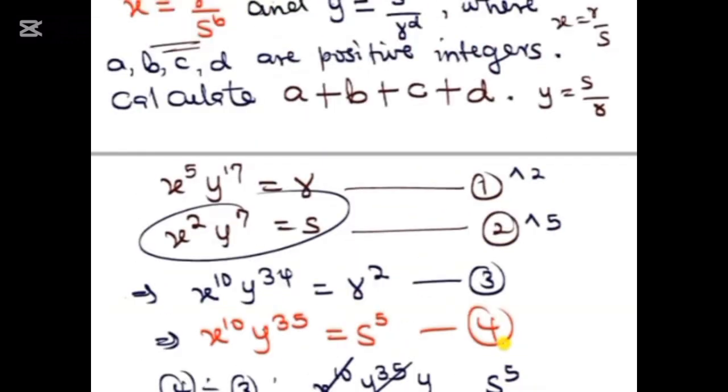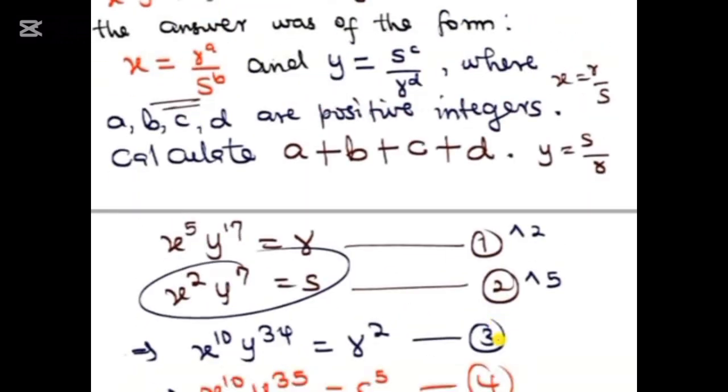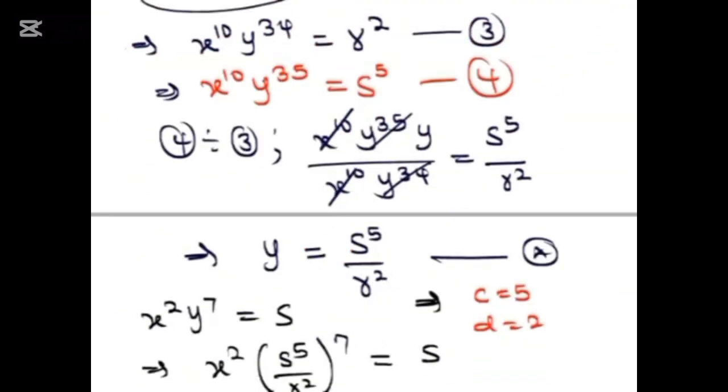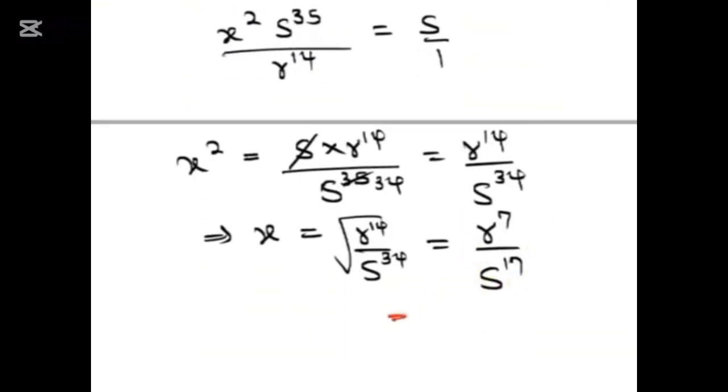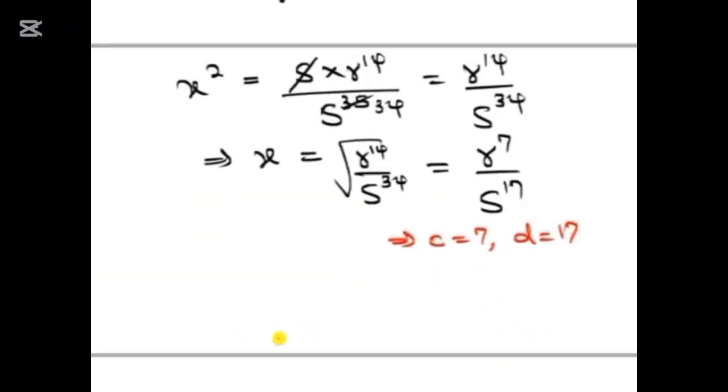While up here for x, they said x is equal to r to power a and s to the power of b. So that means it implies here that our a is equal to 7 and our b is equal to 17.